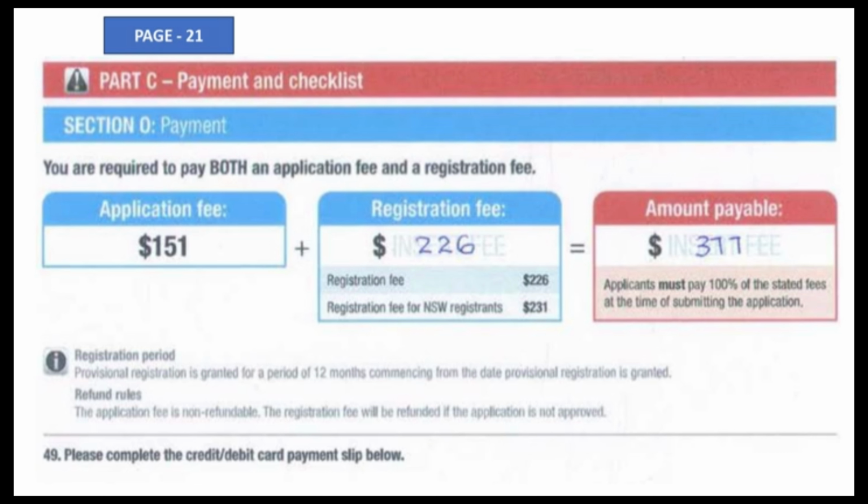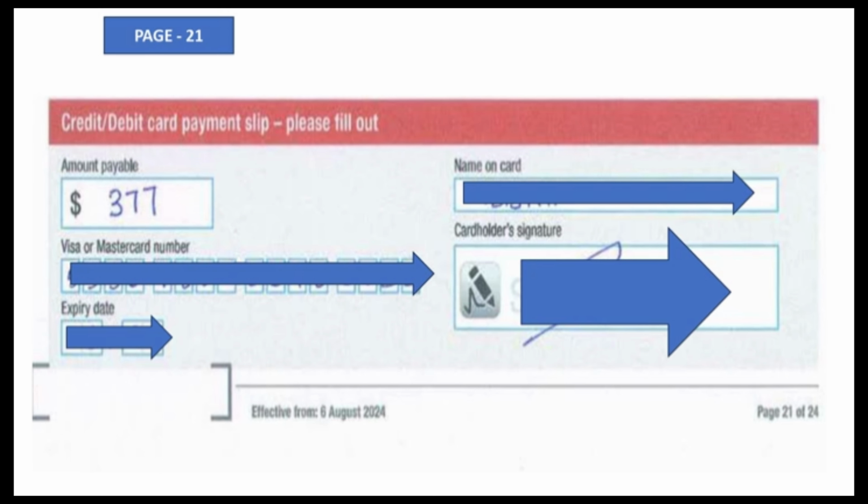Okay, as per your registration time, whatever the payment is, you can check on the site, and as per that we want to fill in this section. Okay, and on page 21, in the last section they are asking for the credit card payment details, whatever the card number and signature of the card holder, expiry date and name on card. These details we want to fill in correctly.